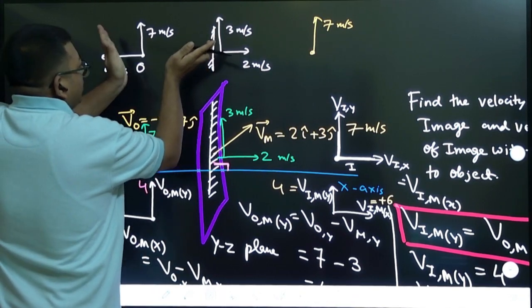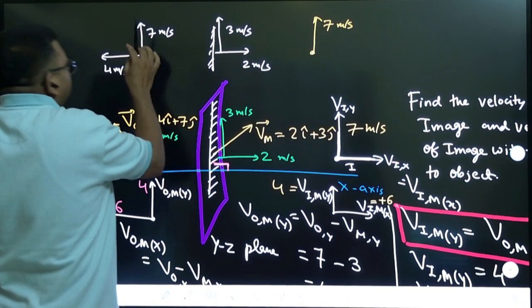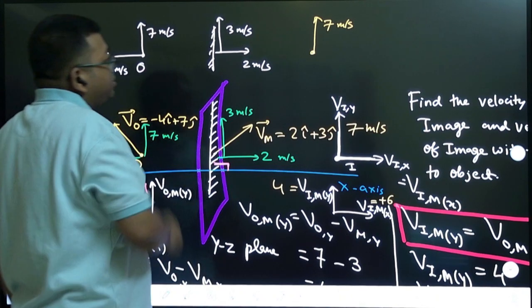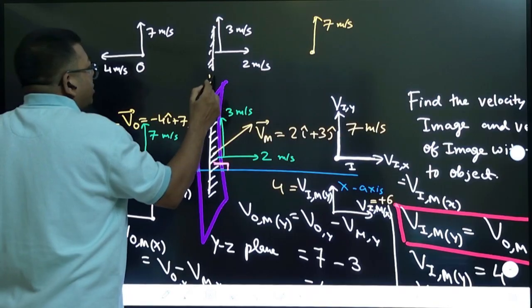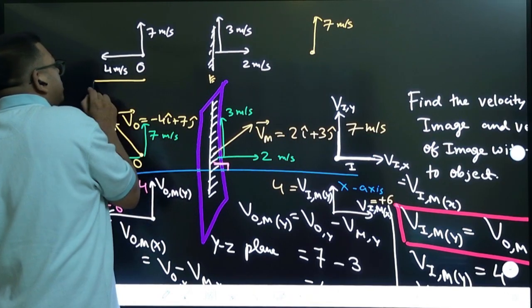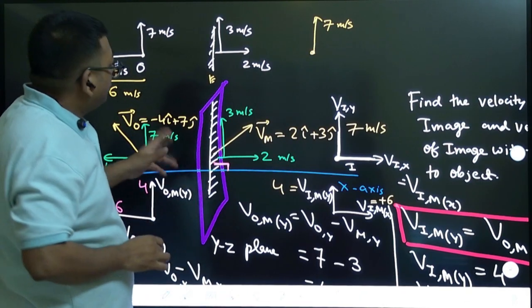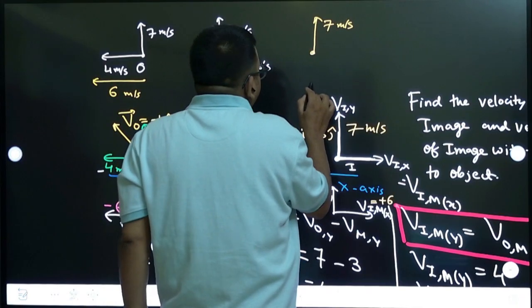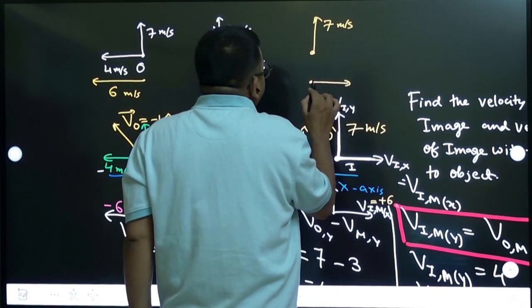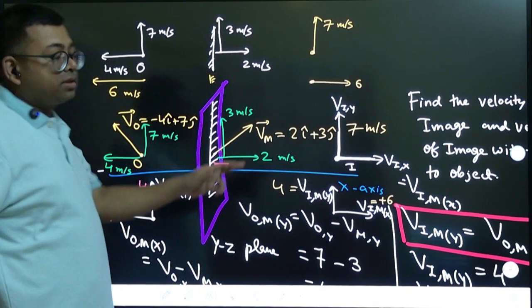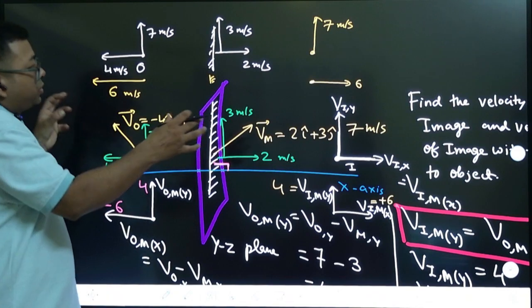Because the mirror is going the opposite way, with respect to the mirror this will be 6 this way. So relative to the mirror it must go 6 meter per second. So the image's velocity relative to the mirror in this direction must also be 6, in the opposite direction.